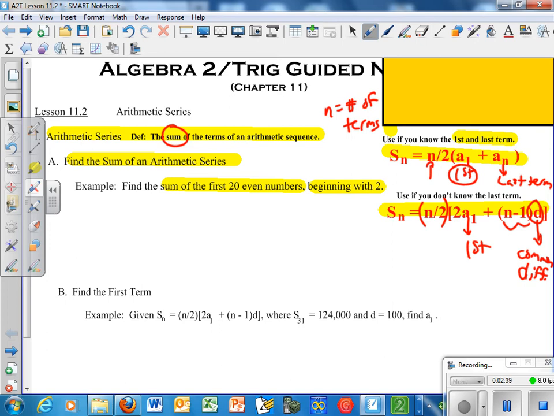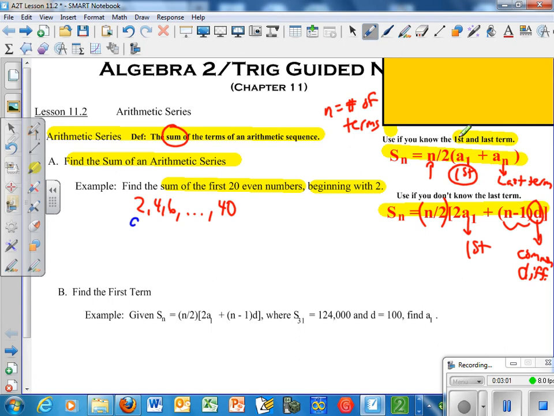Okay, so let's look at this example now. Find the sum. So the sequence is basically 2, 4, 6, all the way up to, now if you think about the first 20 even, that would really be going up to 40. Okay, because we can figure out the last term.